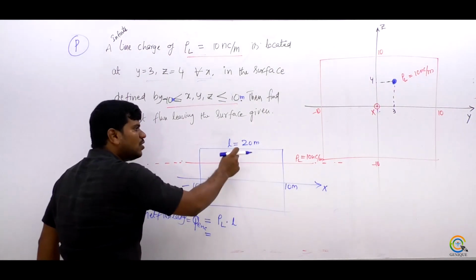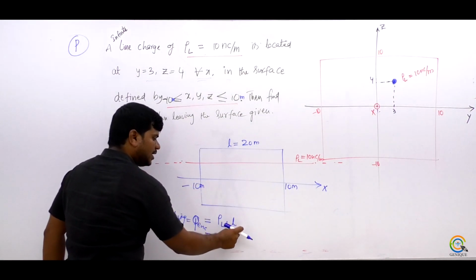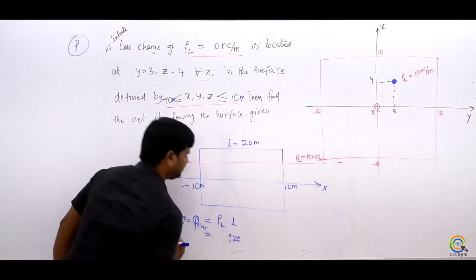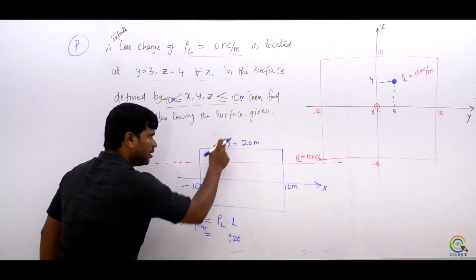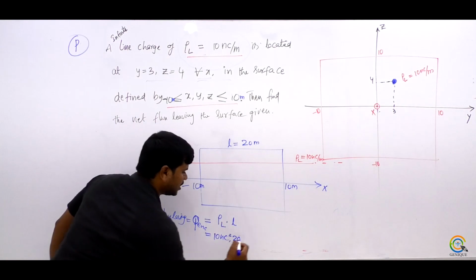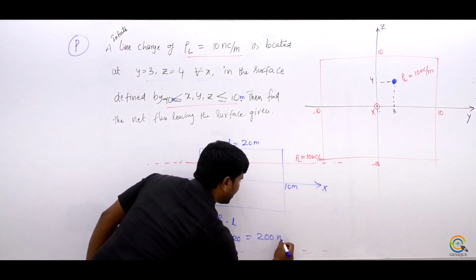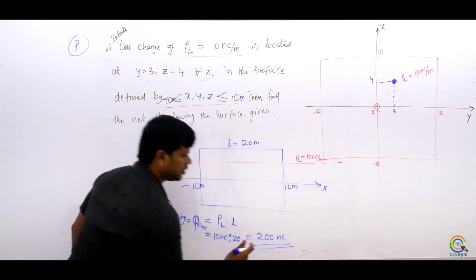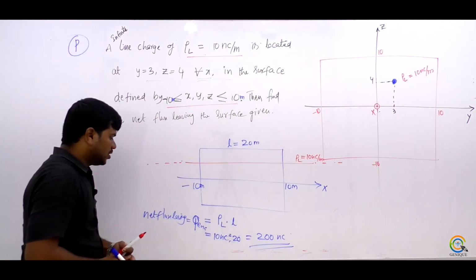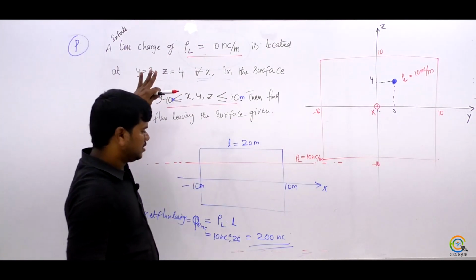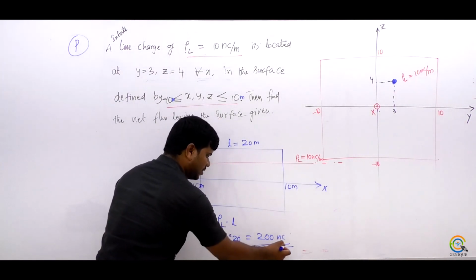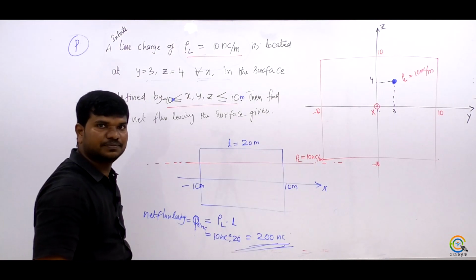So I have to take this portion only, of length 20 meters, and you write 10 nanocoulomb per meter. Per meter will get cancelled. So this will be 200 nanocoulombs. So the net flux leaving this given surface is 200 nanocoulombs. Understand? It is also the Gauss law.